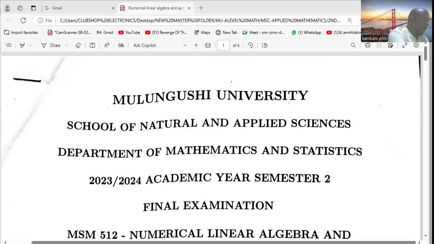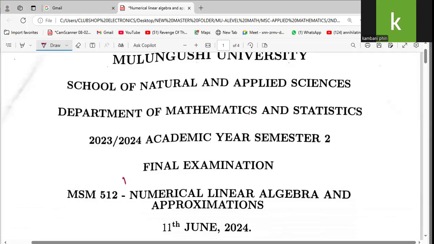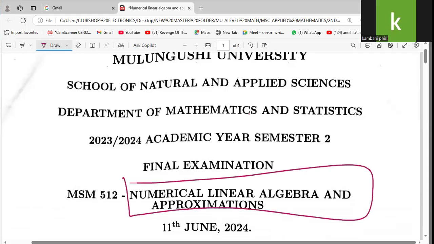In this presentation, we want to solve a problem under this course, numerical linear algebra and approximations.